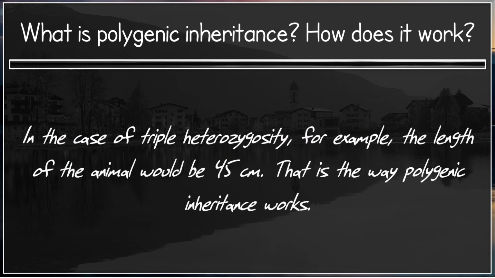In the case of triple heterozygosity, for example, the length of the animal would be 45 centimeters. That is the way polygenic inheritance works.